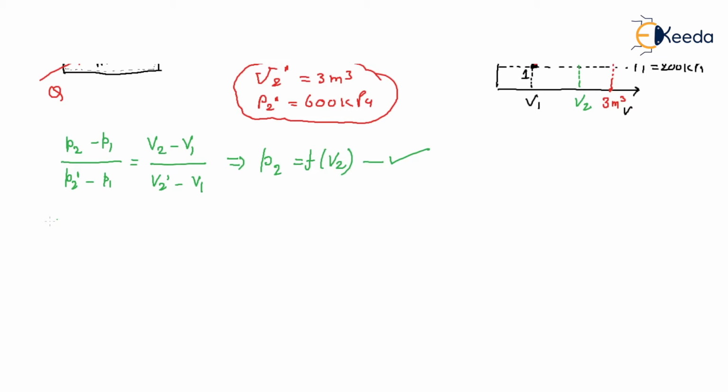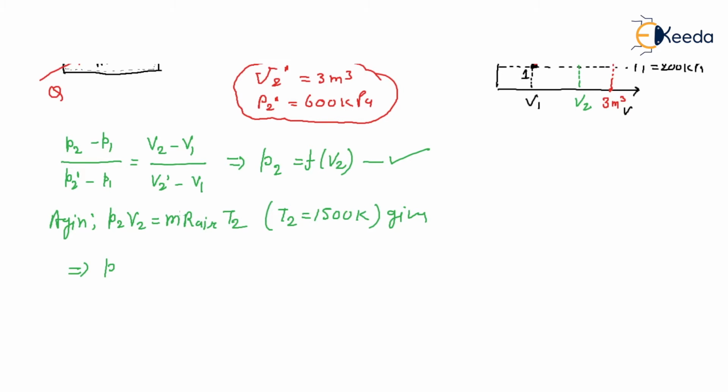Now again, we know that P2 V2 is equal to m R of air T2. What is T2? T2 is 1500 Kelvin, given. The mass of the air is given.